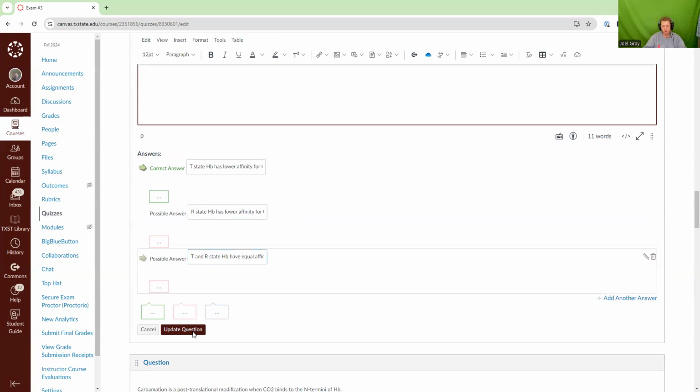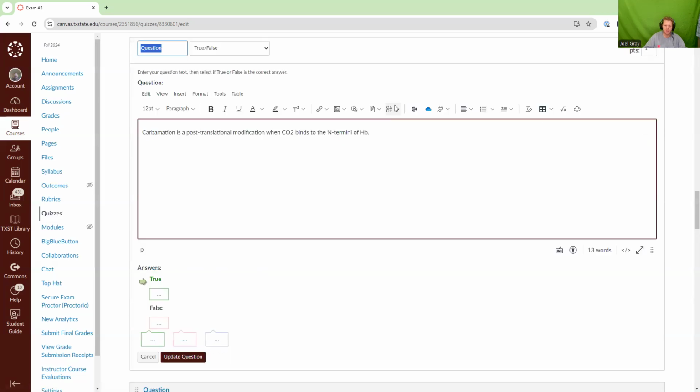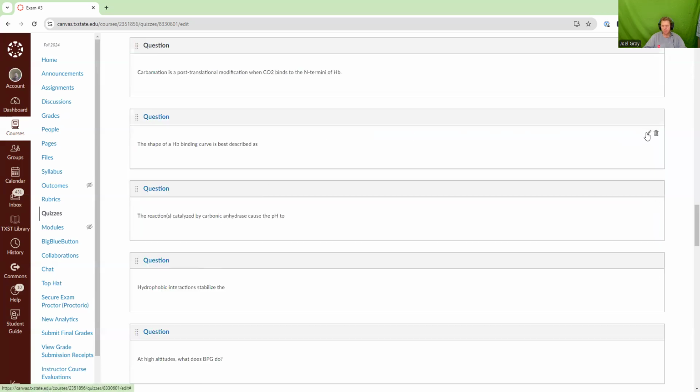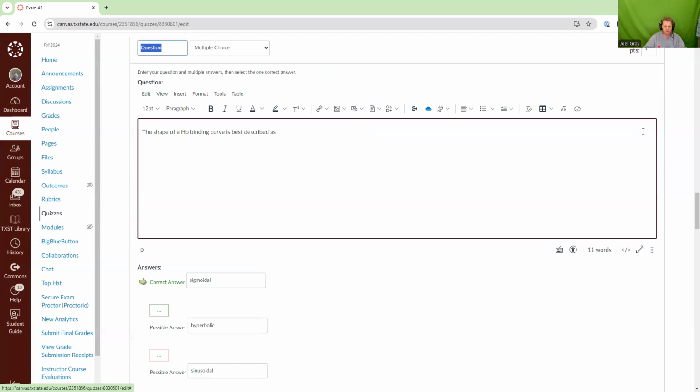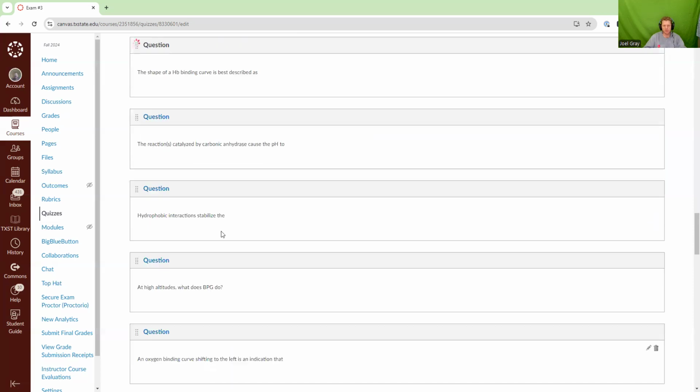The correct answer is T-state has the lower affinity. Carbamation is a post-translational modification when CO2 binds to the N-termini of hemoglobin. That's true. The shape of a hemoglobin binding curve is best described as sigmoidal, hyperbolic, sinusoidal, or none of these are correct. Sigmoidal is the correct answer.